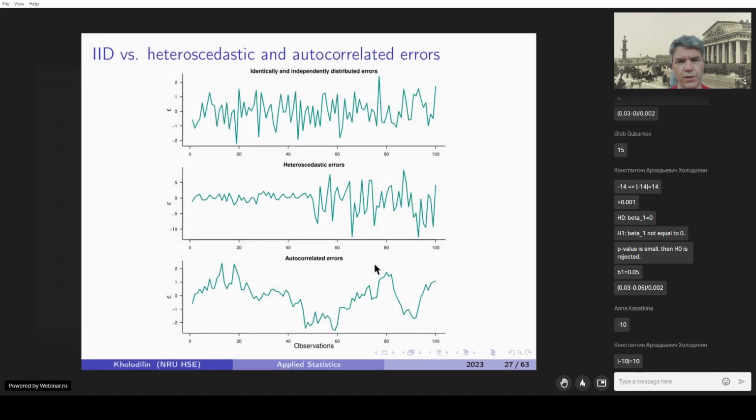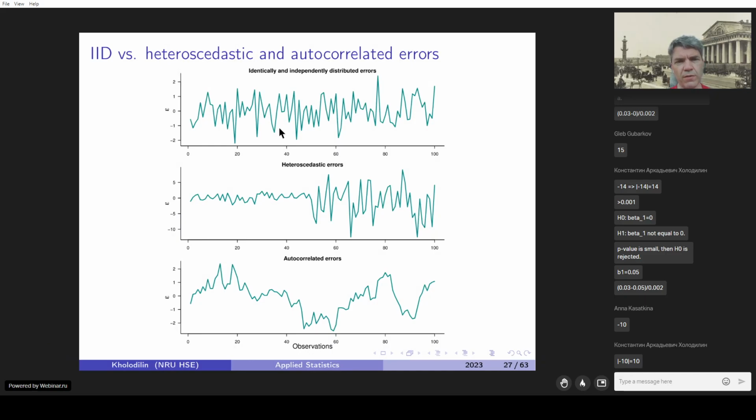Now look at this picture here. Again, if we look at the first panel, you see that the sign changes from one observation to another very quickly, meaning that even visually we can observe that there's no relation between the previous epsilon and the next epsilon. Here you see that, for example, there are long periods with positive and big values of epsilon, and then there are periods of negative and small values of epsilon.